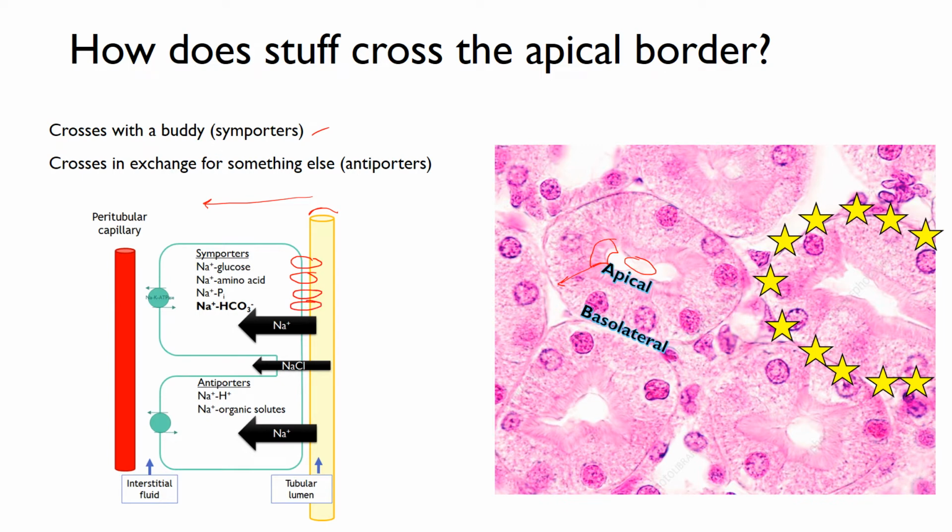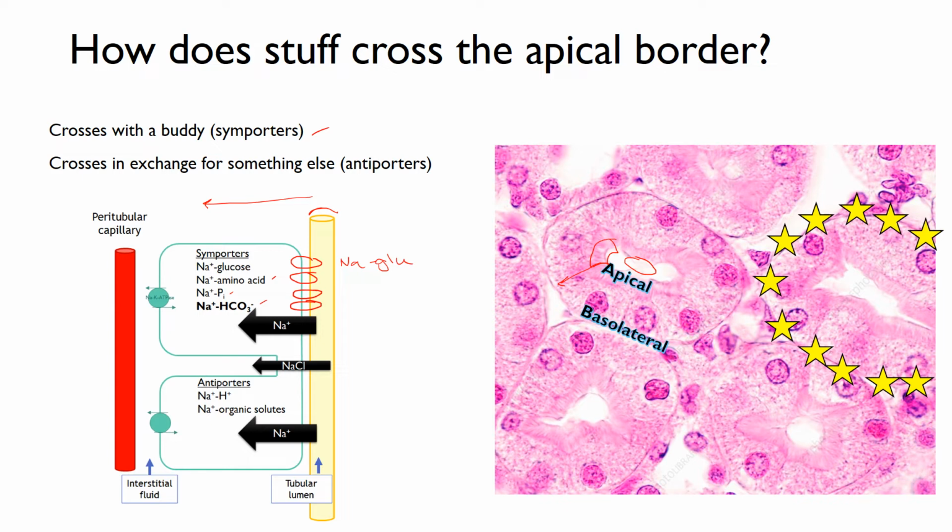Okay, so these are examples. There's a sodium glucose symporter. There's a sodium amino acid symporter, a sodium phosphate symporter. Most often, sodium is reabsorbed with bicarbonate. Now, it's not that there's necessarily a sodium bicarbonate symporter, but that they move together. And I like to think of it as a buddy system, which is what makes sense to me.